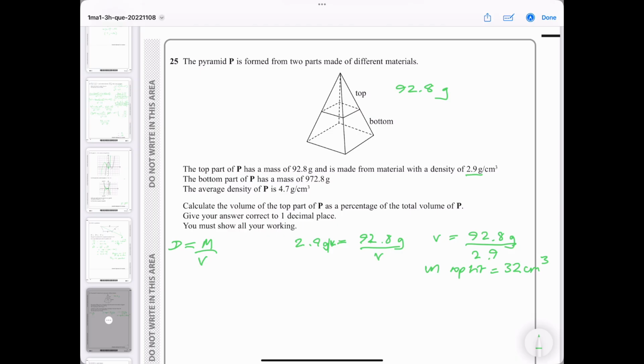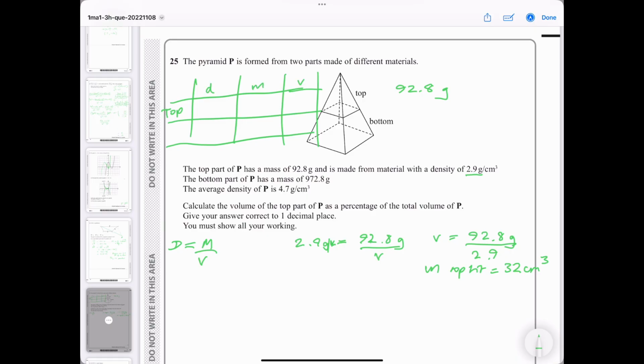Right, let's see what the next thing is. The bottom part of P has a mass of 972.8 grams. Okay, and the average density of P is 4.7. This is just marvellous. So let's go through and try and work this out. So we know the top bit, so that's density, mass, volume.